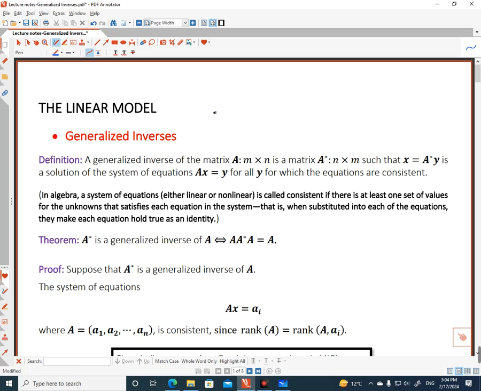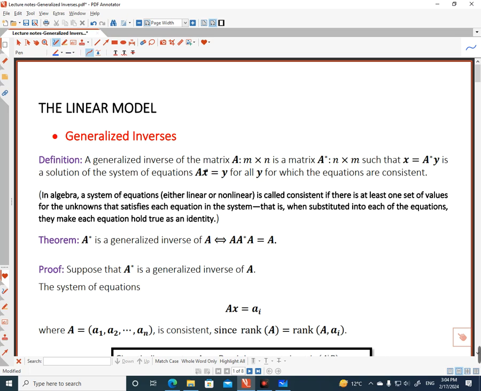That's why in linear modeling, we need to know about generalized inverses. First of all, we start with the definition. And instead of matrix X for design, I use capital A. And instead of vector parameter beta, I use vector x here.